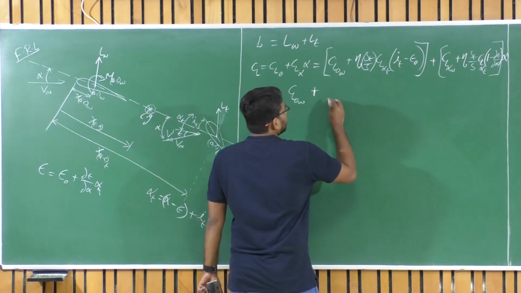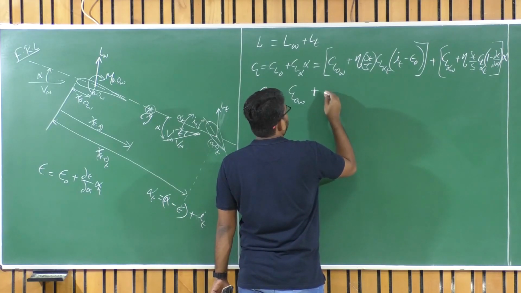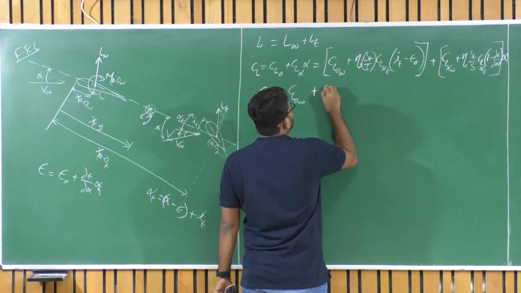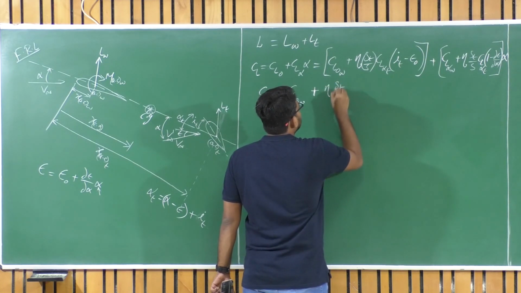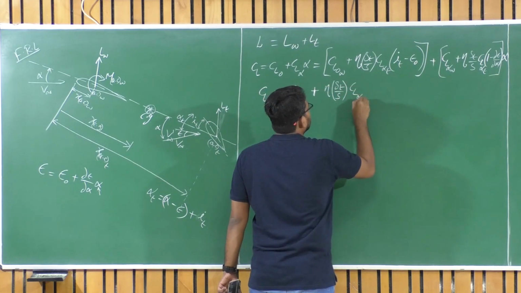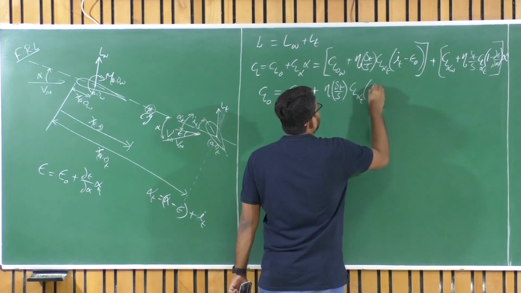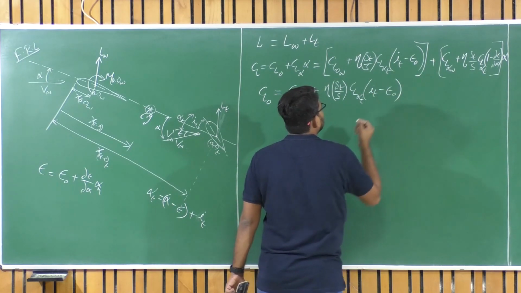So CL naught of the wing plus the modified lift coefficient, CL alpha of tail times i of t minus epsilon naught.